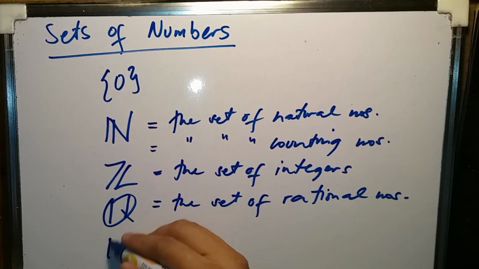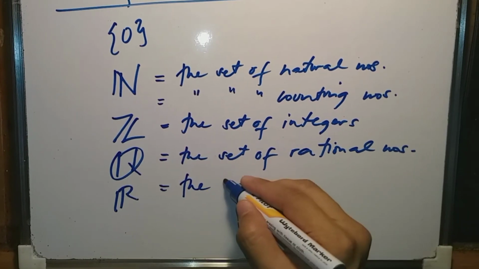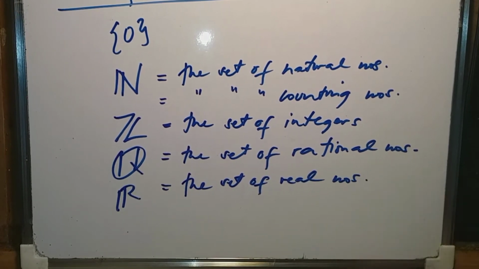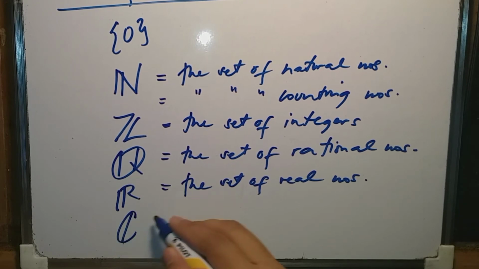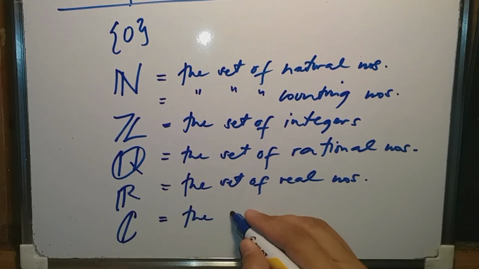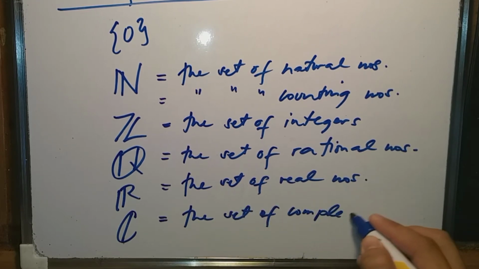And then we have R, the set of real numbers. And lastly, we have C. So C is the set of complex numbers.